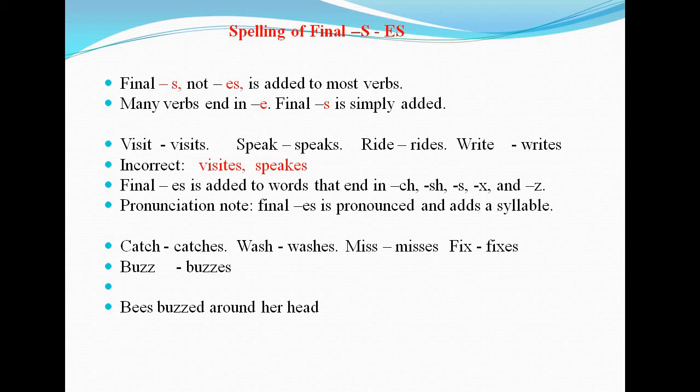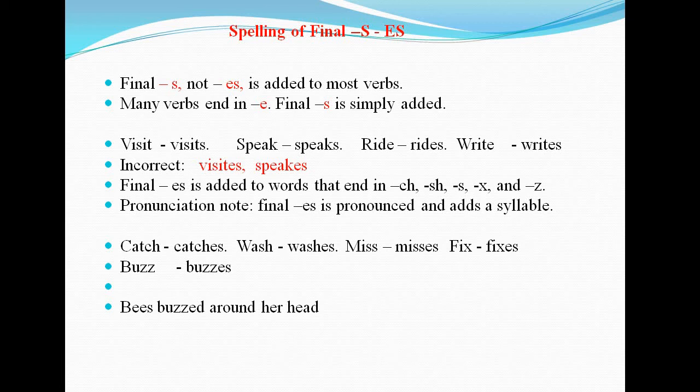Speak, speaks. Write, writes. You can see that with write, we only add s, not es, because there is an e. If you say visitest or speakest, that's really wrong. When you're making simple present tense, when you're talking with somebody, when you're writing, don't write like this.